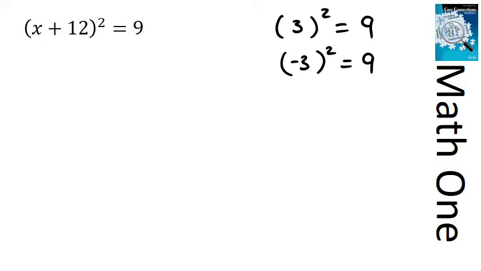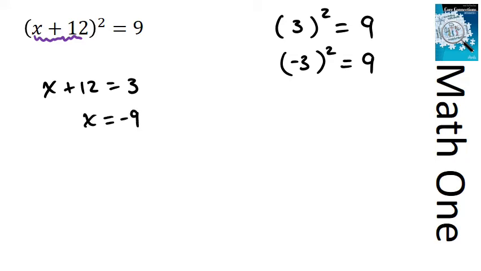So using this look inside method, I need this number x plus 12 to be one of two things. I would like x plus 12 to equal a positive 3, and if that's the case, if I take away 12 from both sides, I would get, let's see, 12 minus 3 is 9, so x would equal negative 9.